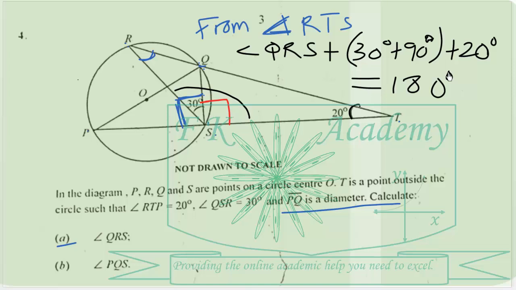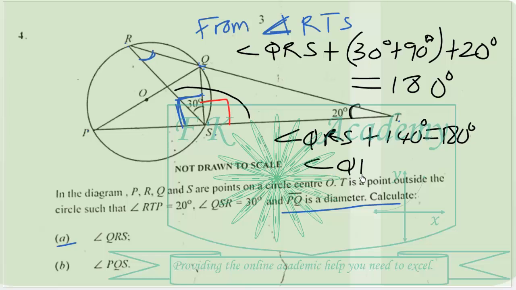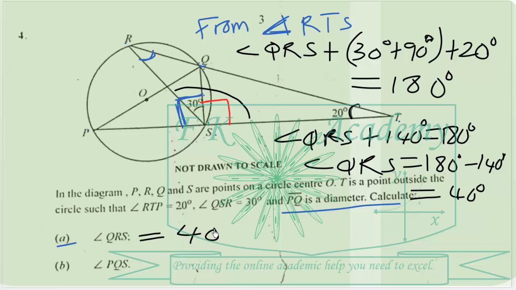So 90 plus 30 will be 120 plus 20 will be 140. Angle QRS plus 140 is equal to 180 degrees. Angle QRS will be 180 degrees minus 140, and that will be equal to 40 degrees. So this angle is 40 degrees.